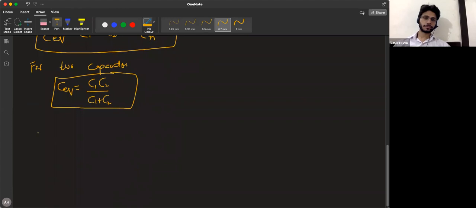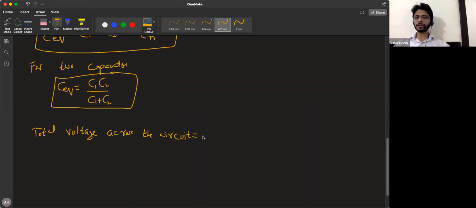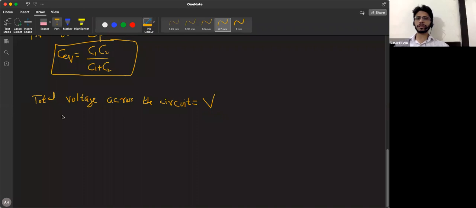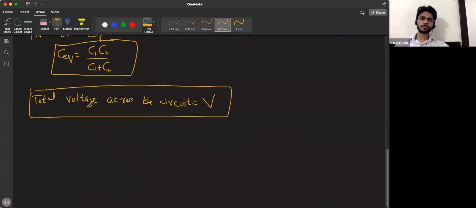Next, I need the total potential drop, or total voltage, across the circuit. The total voltage across the circuit is the voltage of the battery, V. Next, I need the total charge stored in the circuit.